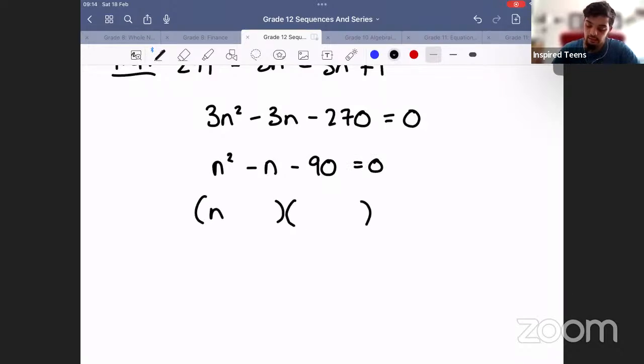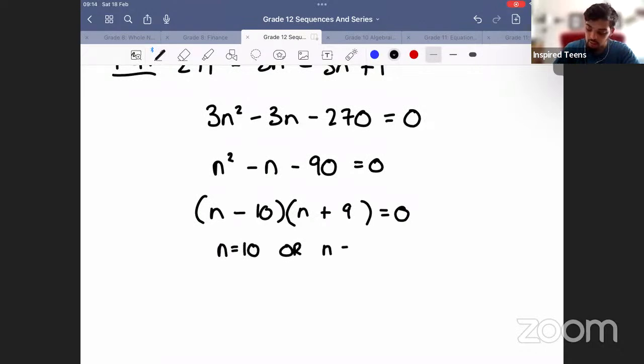So minus 10 plus 9. N is equal to 10, or n is equal to negative 9. Is that correct? Because I'm going to get minus 10 plus 9, which is minus 1. And then, okay, perfect, right?